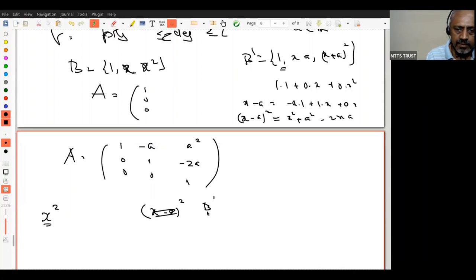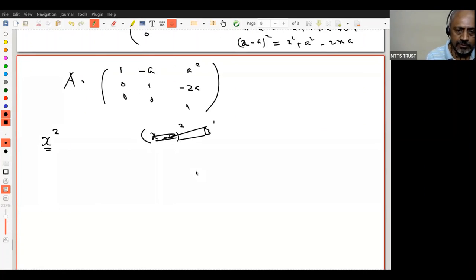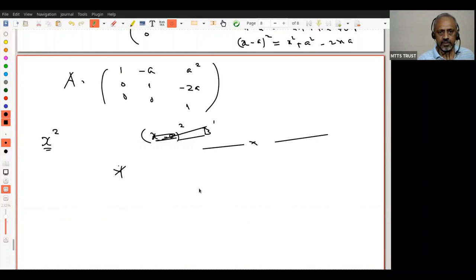You understood? So if I know the coordinates of this, I can do that. But I can also do the other way around. Let us stop here because that may be a little more confusing. Okay, I hope you understood.